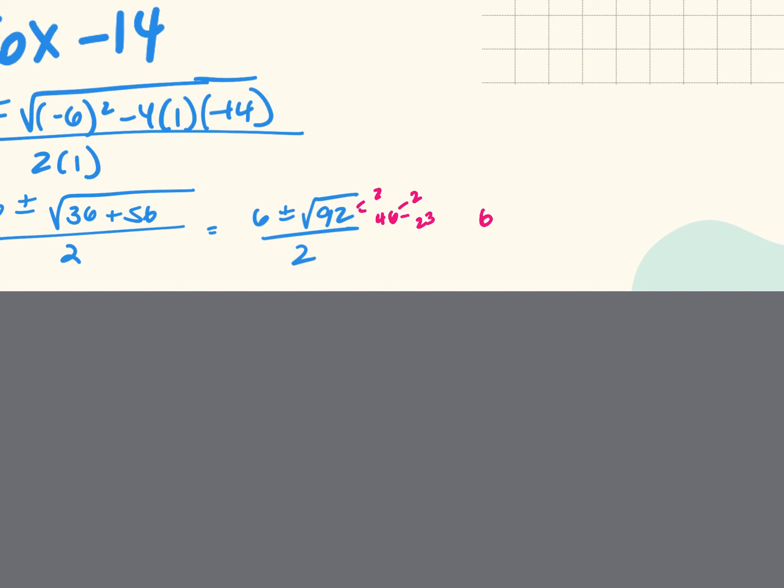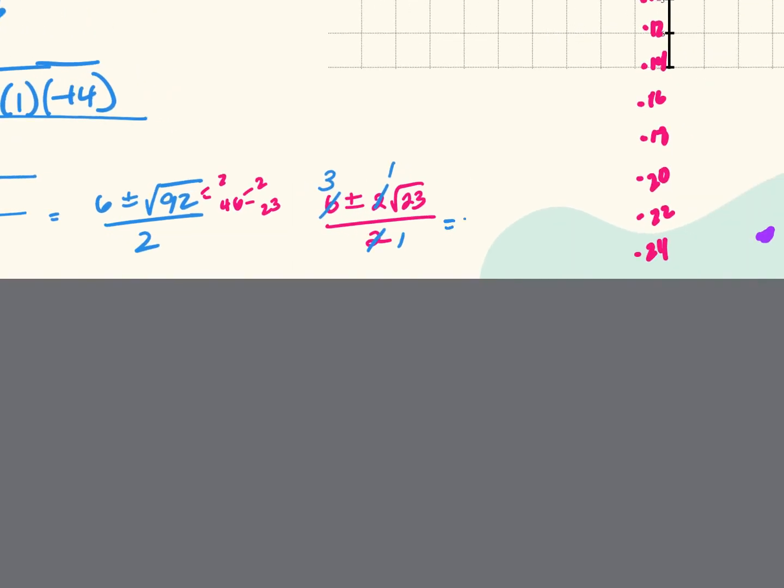So this is 6 plus and minus 2 square root 23 over 2, which simplifies to 3 plus and minus square root 23 over 1.